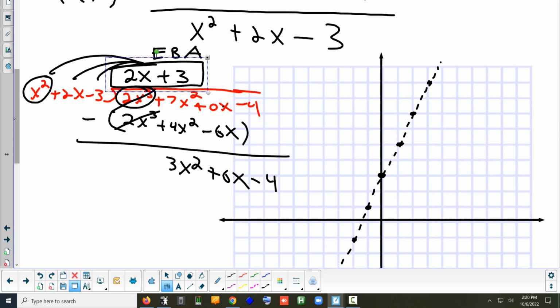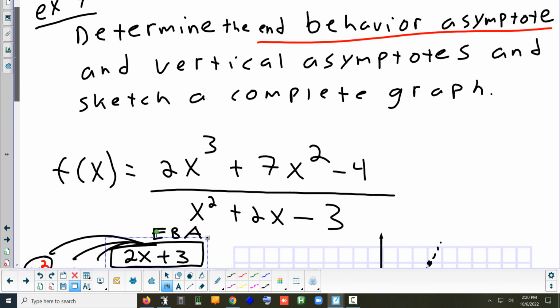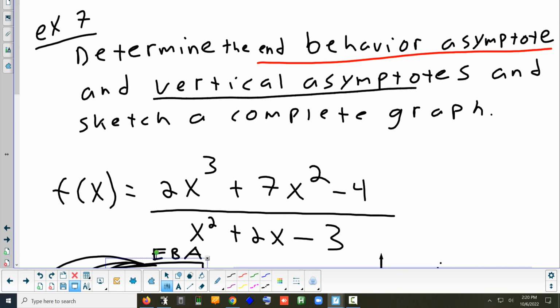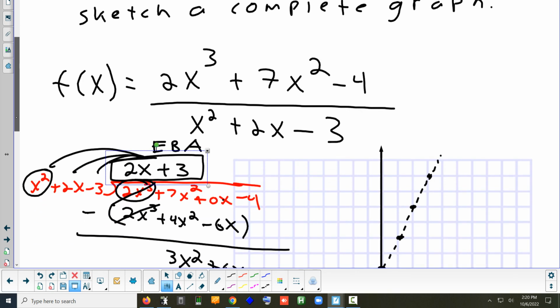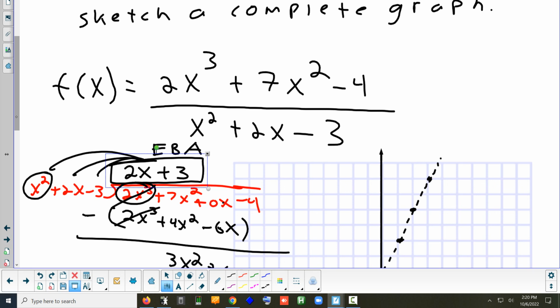Okay, so that's the first thing we want to do. Put in our asymptote for the EDA, and then put in the vertical asymptotes. Well, the vertical asymptotes are where what happens? How do we find vertical asymptotes?